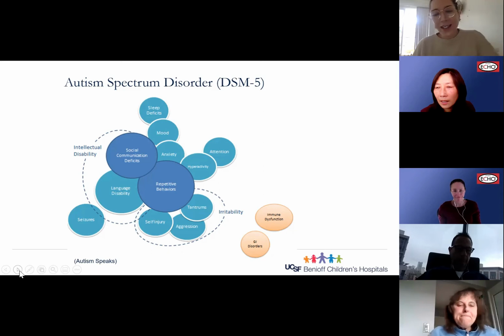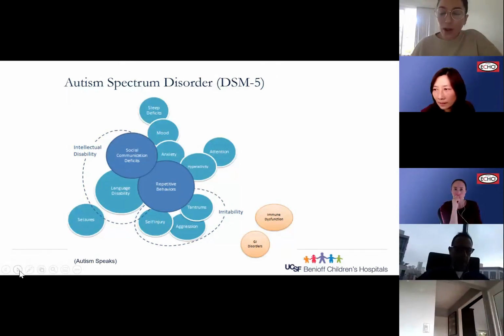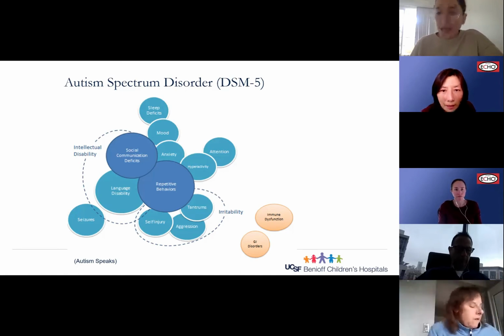And so if we look at the lighter blue color, some of the other comorbidities that we're thinking about: anxiety, how it affects mood, some sleep deficits that may be playing a role in how our patients are presenting, some ADHD symptoms with hyperactivity and attention, the irritability, which may be presenting with aggression, some self-injurious behaviors, tantrums, meltdowns.